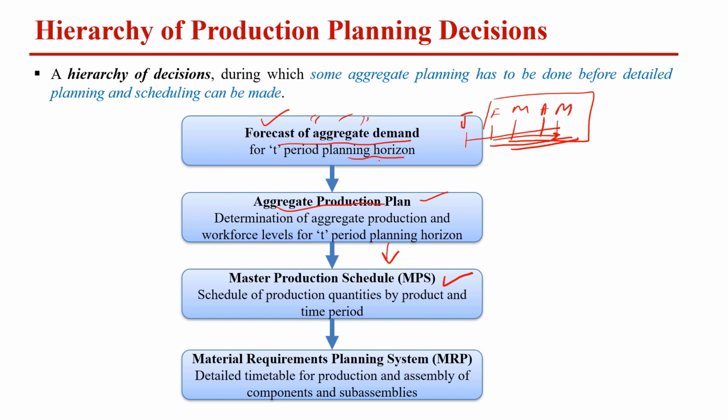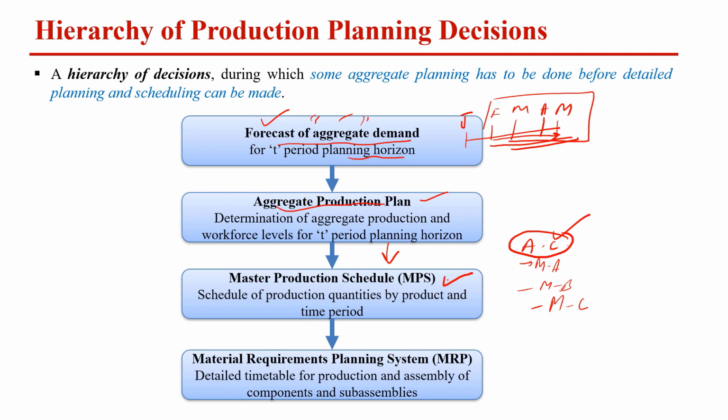In the air conditioner example, the air conditioner is broken down into model A separately, model B separately, as well as model C. In the aggregate production plan, we developed the plan at the product family level, which means overall air conditioners.